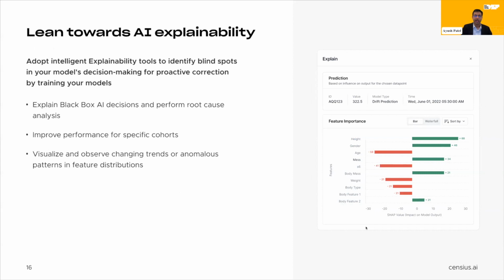Around AI explainability: how can we identify the blind spots and do proactive correction? There are really good methods now. The open source community has been growing with SHAP, LIME, integrated gradients, and so forth. Again, how do we do explainability for three areas? A, local explainability, so that on any given prediction, like we see here, we are able to have a prediction and do the explainability for it.